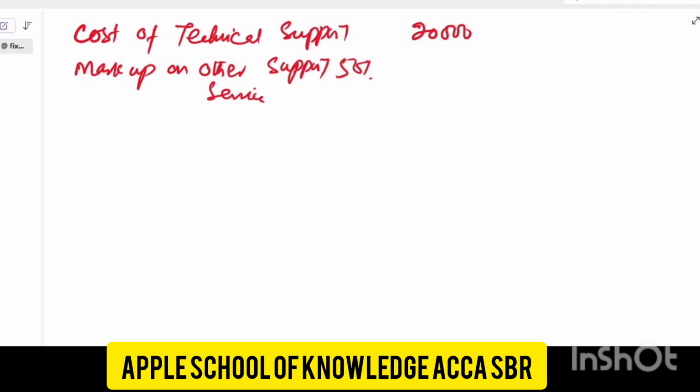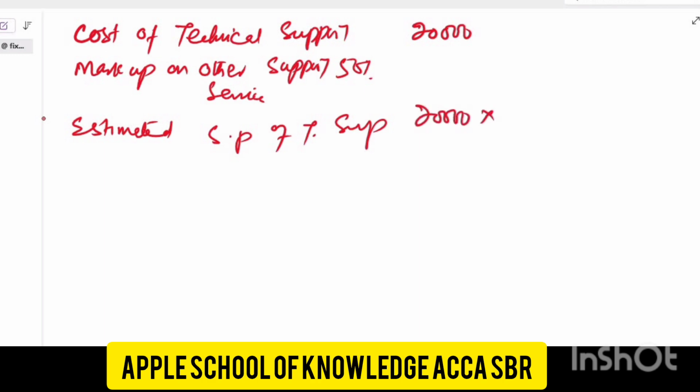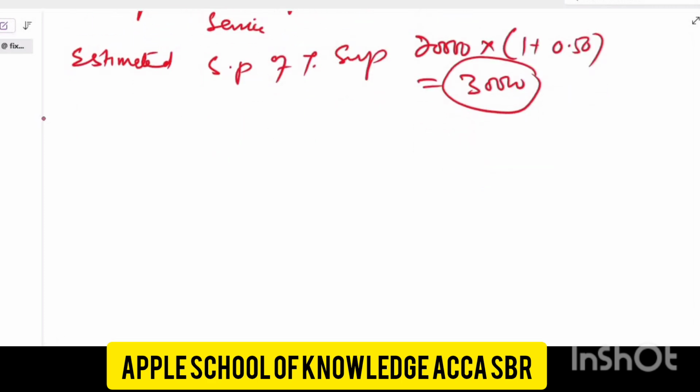So the estimated selling price of technical support will be 20,000 times 1 plus the markup 0.50, and it will be 30,000. Clear?